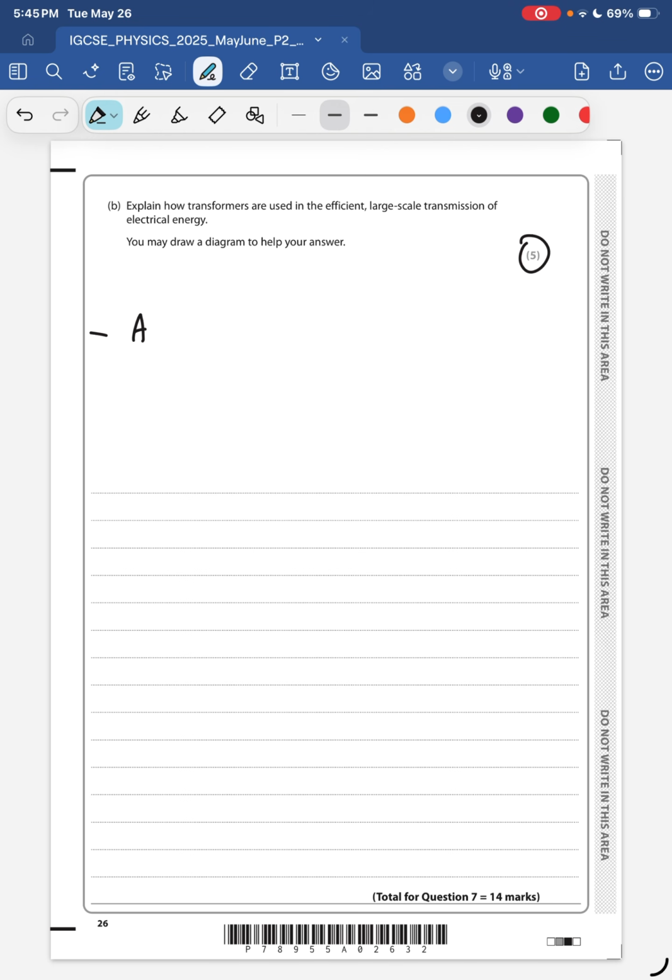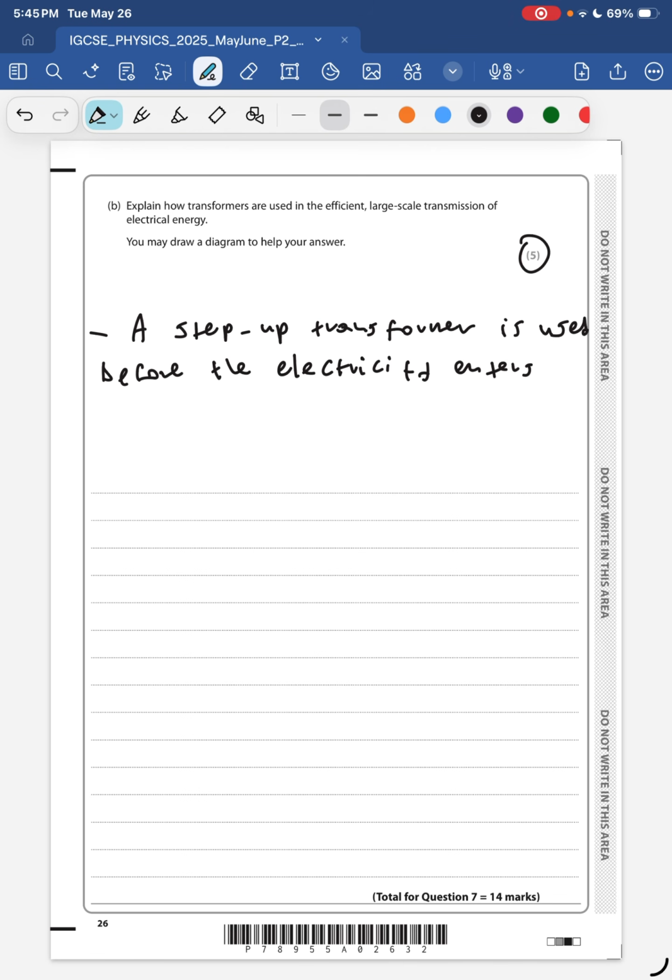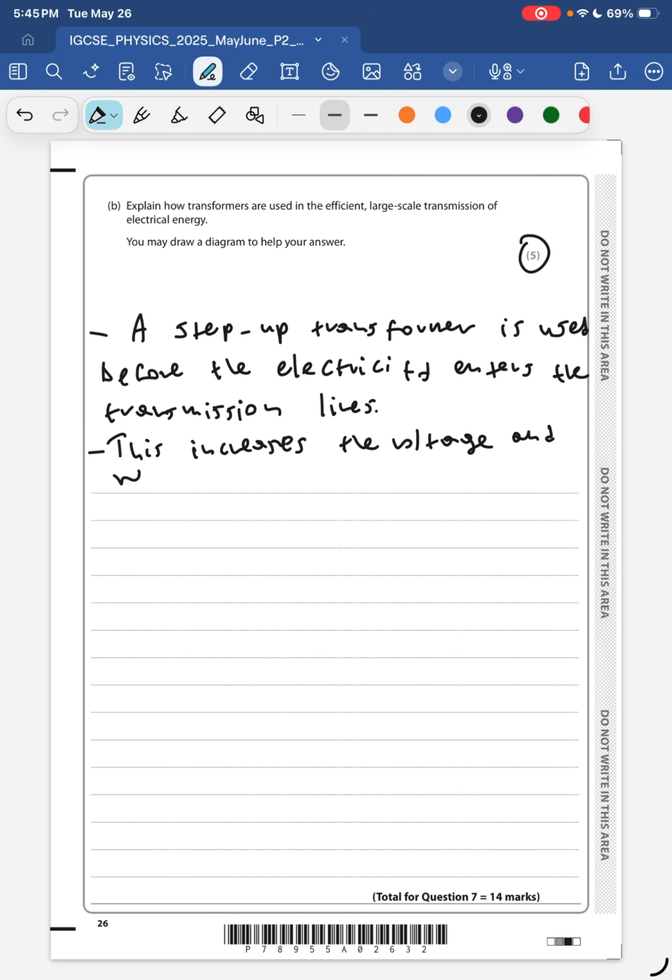A step-up transformer is used before the electricity enters transmission lines. This increases the voltage and reduces the current.